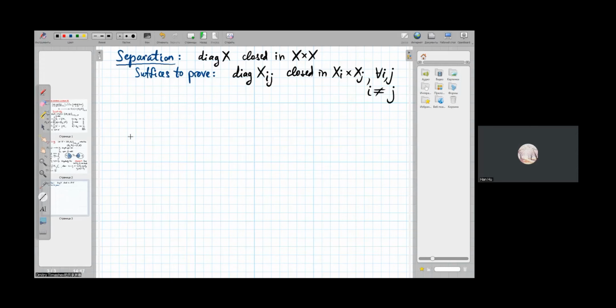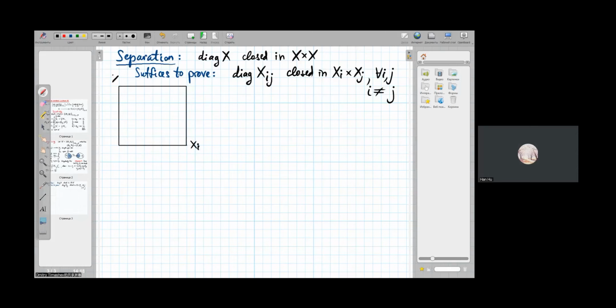So I'm trying to draw the product of Xi and Xj. So this will be my Xi, this will be my Xj, this is the product variety. Let me write that the horizontal thing is Xi.